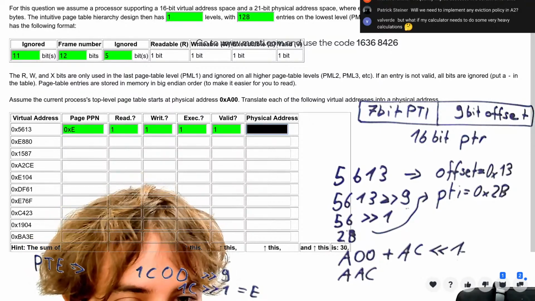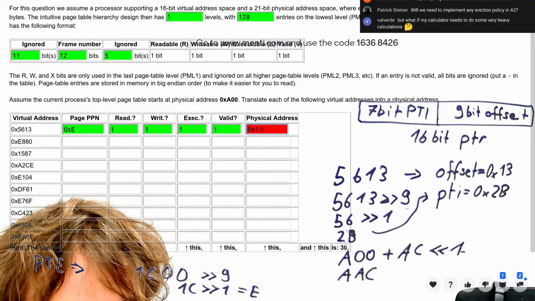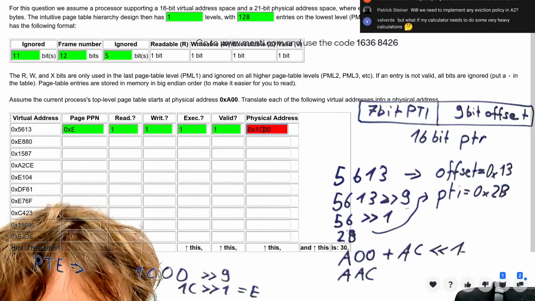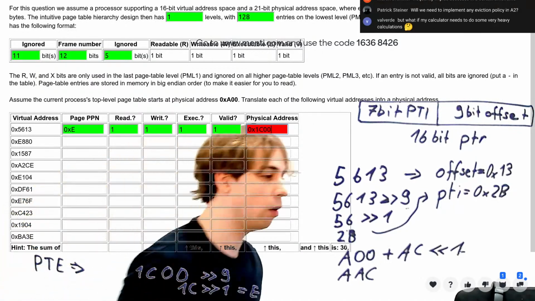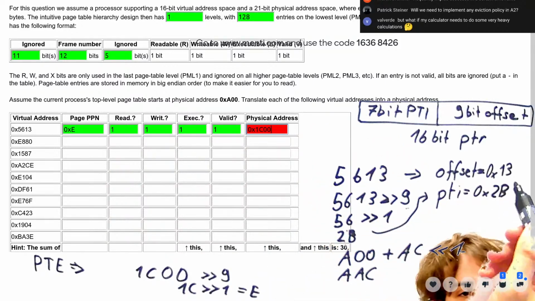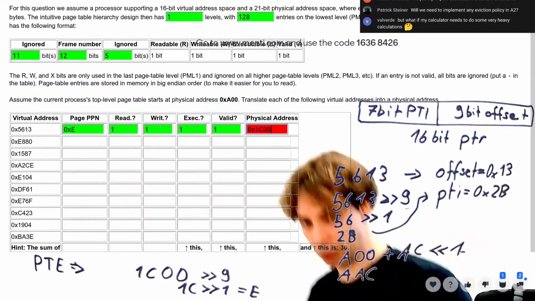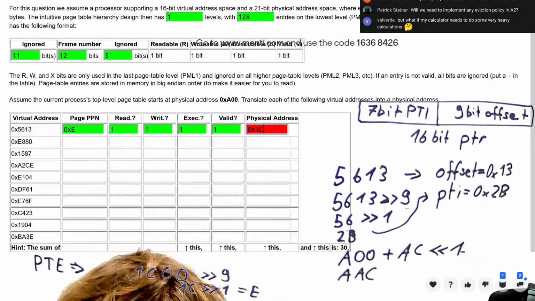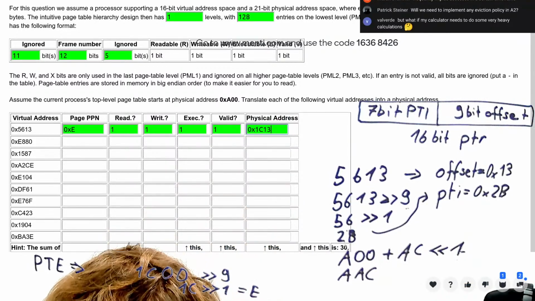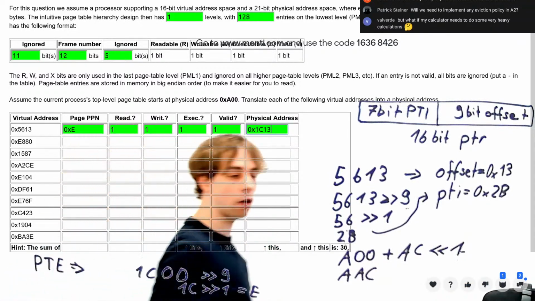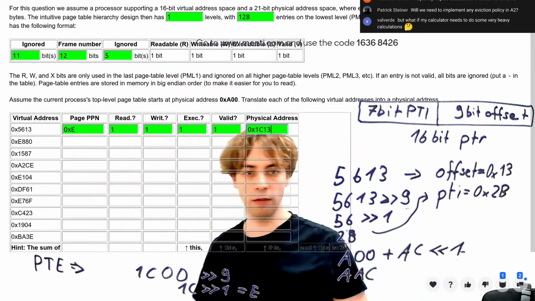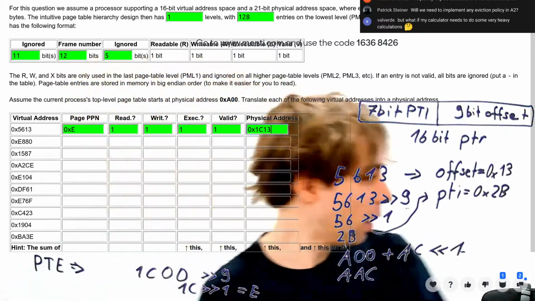And here the physical address would be 0x1C00, but we are missing some part here, namely the offset. And the offset was 0x13, so we have to add this. So it's not 1C00, but 1C13. And this means we have solved this example, and it didn't take us very long to solve this example.